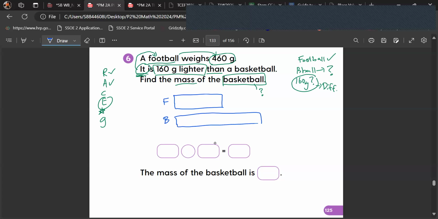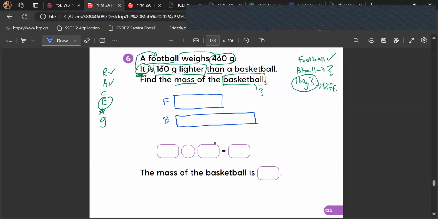Because it is lighter than the basketball. So the football is going to be a shorter bar, the basketball is a longer bar because the football is lighter than the basketball.